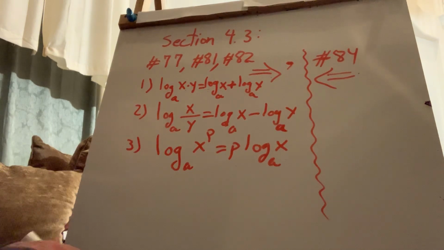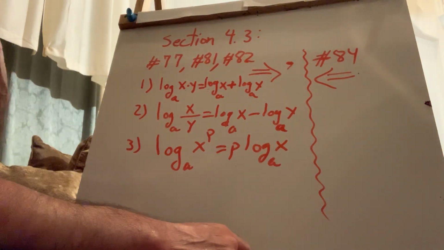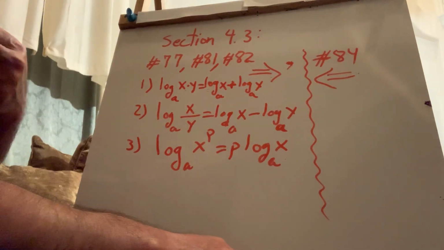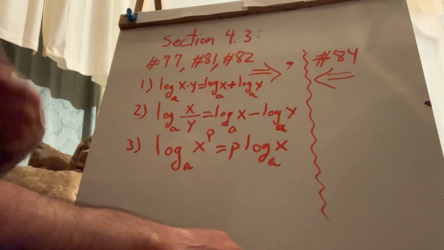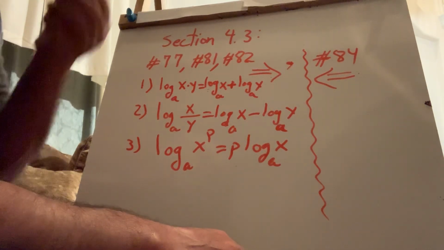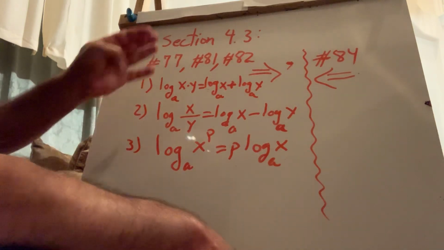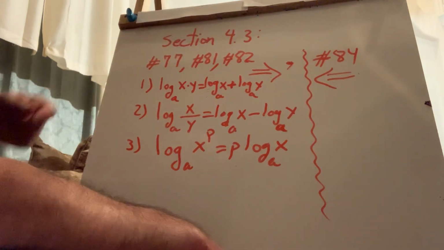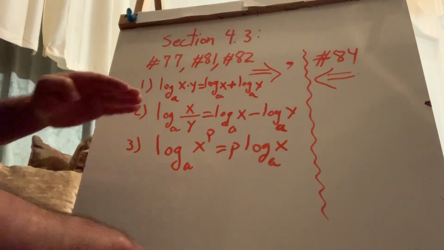So what they will ask you to do in these three problems, the instruction is a bit ambiguous, because in the book they say to rewrite these logarithmic expressions, except they don't exactly tell you what they mean by rewrite. What they want you to do in these three problems, and all the ones in your textbook from 71 all the way to problem 82, is the same thing.